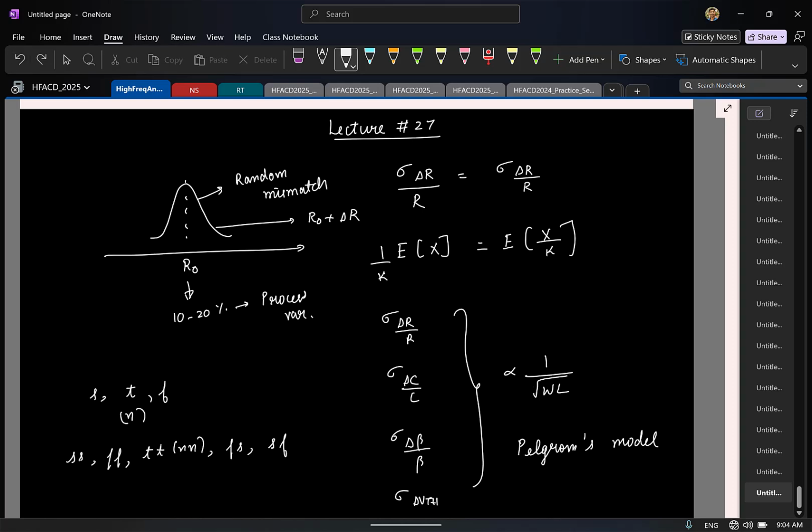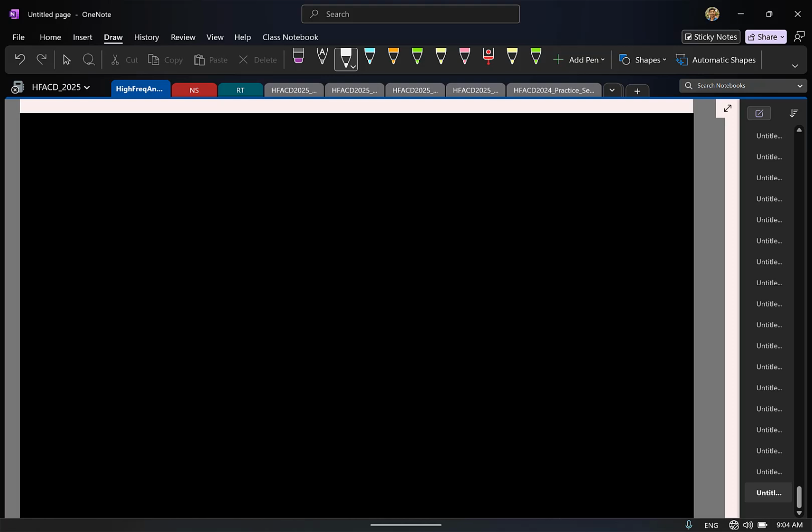Great. So now that we have understood some basics on this random mismatch, let's see how we might deal with mismatch and calculate what the effect of this is in our circuits. And for that I'll take an example of a current mirror, a simple but classic circuit, but one that relies heavily on matching between transistors. So let us say this is the reference, and we try to mirror the current in this branch.